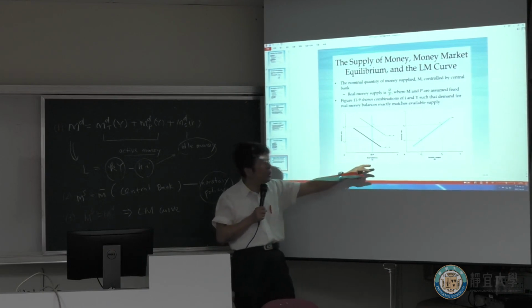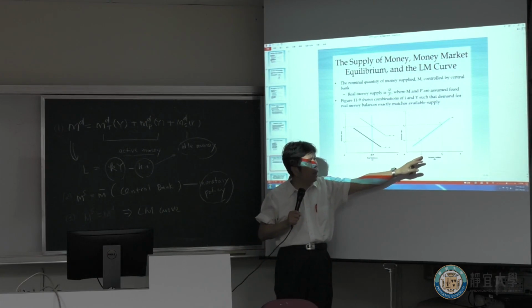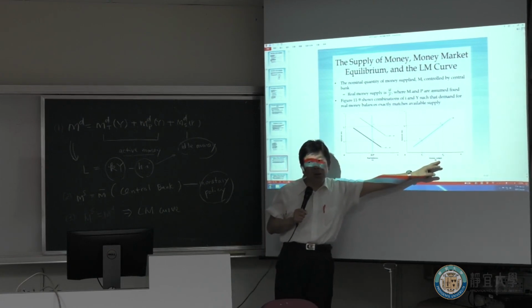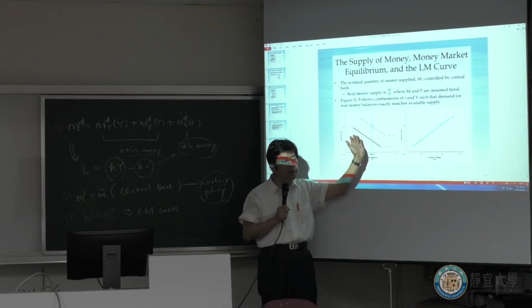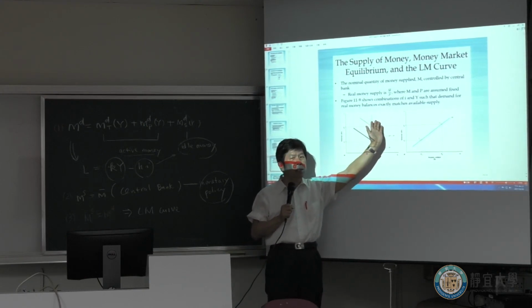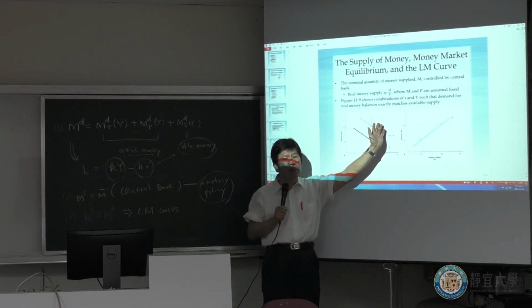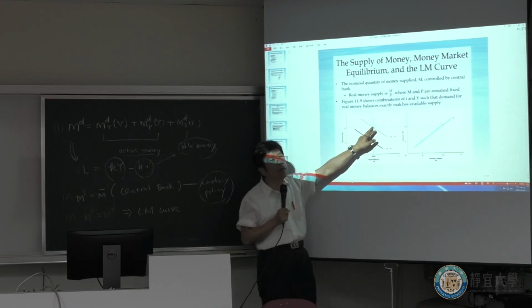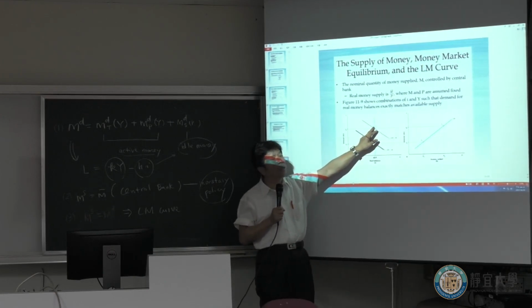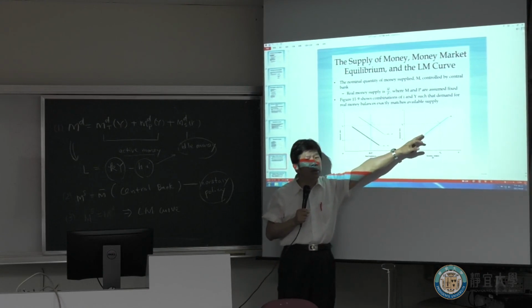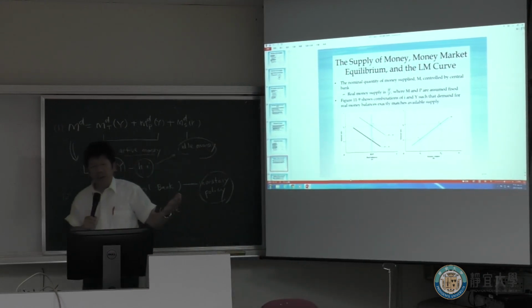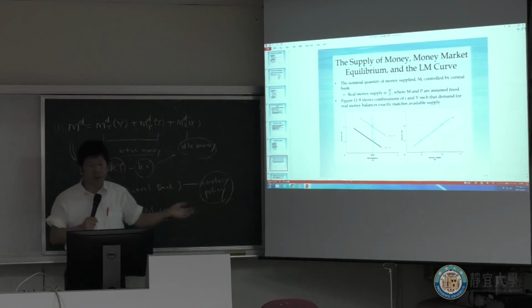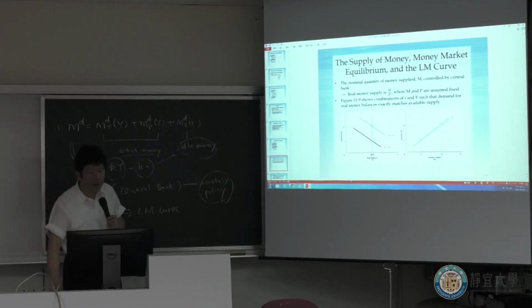So when money demand shifts to the right, we get a higher interest rate, and if you connect these points, you can find the LM curve has a positive slope. So this is the story.